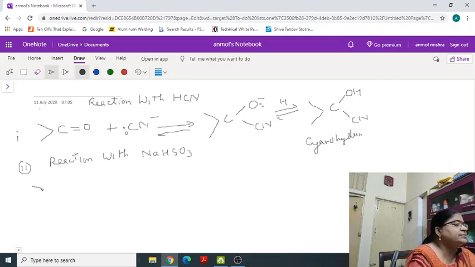So when aldehyde or ketone reacts with sodium bisulfite, it forms the addition product.